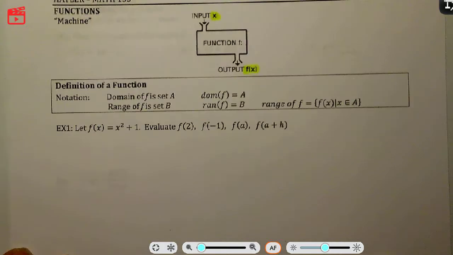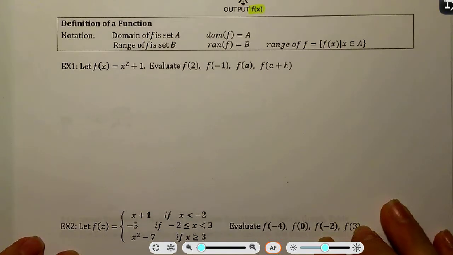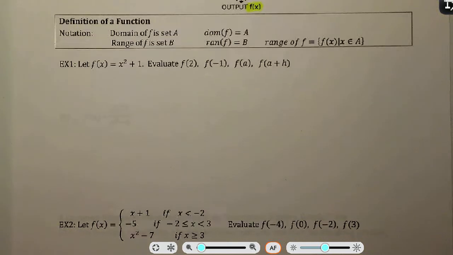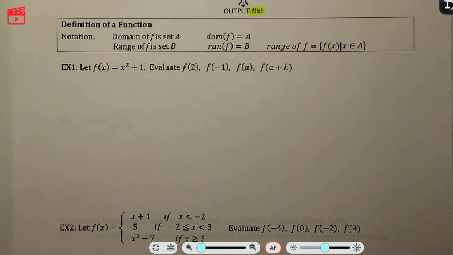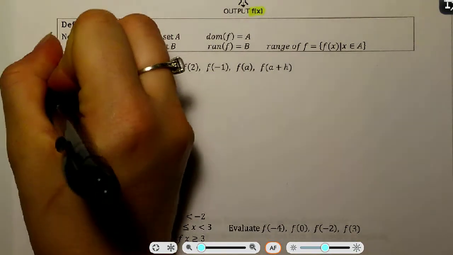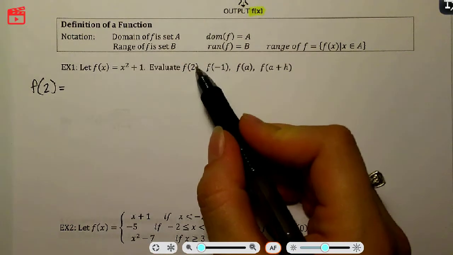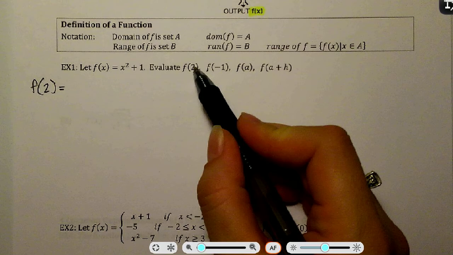All right, let's take a look at example number 1. We have a function here, f of x equals x squared plus 1, and we're asked to evaluate f of 2, f of negative 1, f of a, and f of a plus h. All right, let's begin. So, f of 2. Well, that says take out x and replace it with 2.